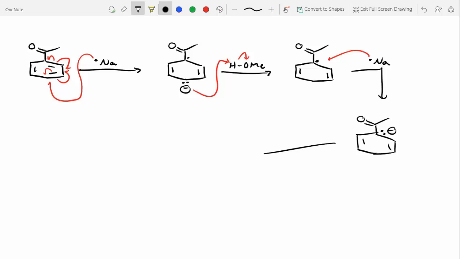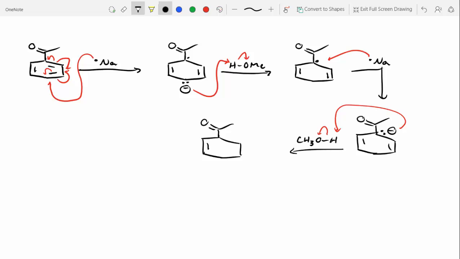And then the next step, again, we've got methanol. And this will come grab a proton, clamp down. And voila, you've got your final product.